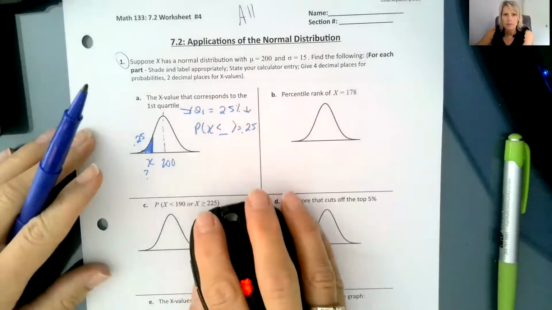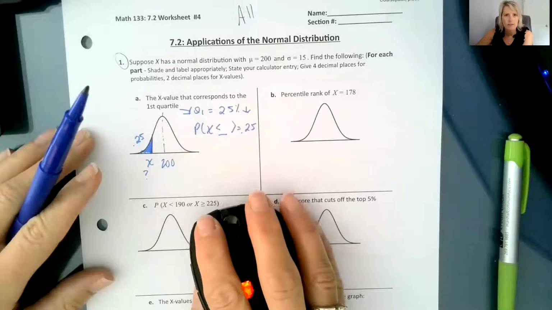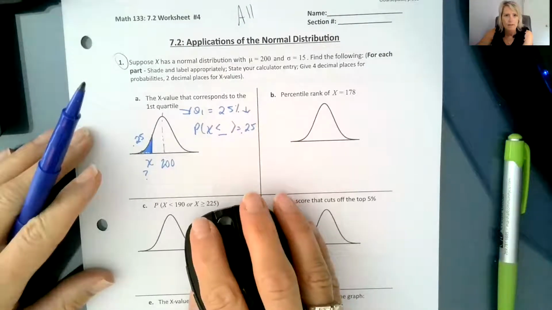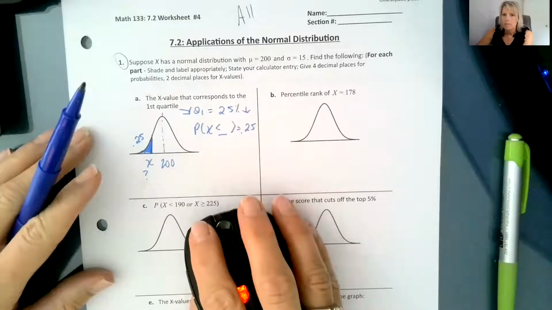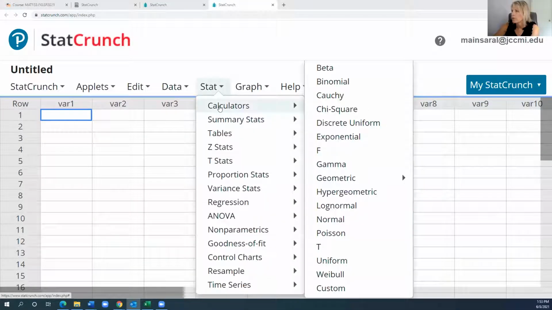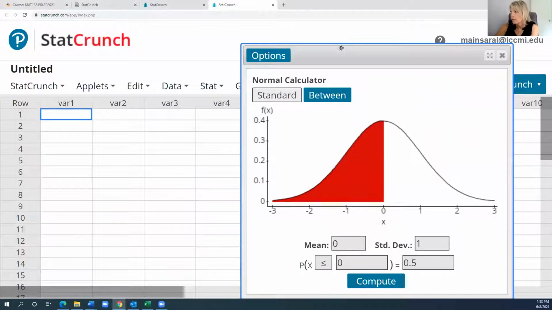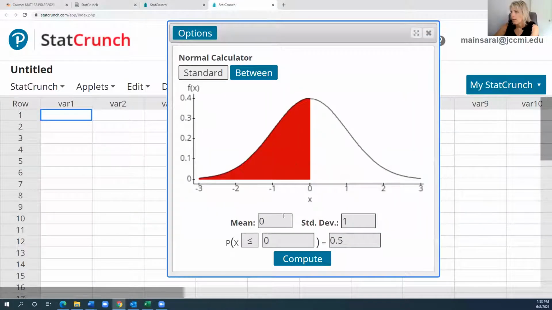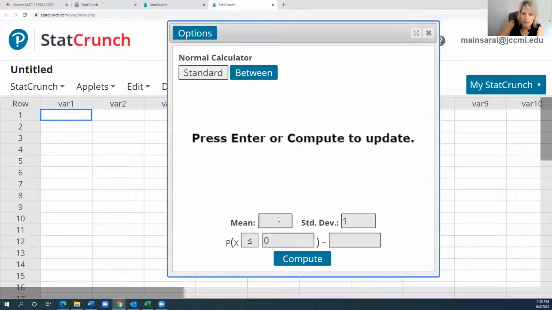So I'm going to share my screen here so you all can see. So in StatCrunch, we're going to go to Stat, and you're going to choose Calculators. And in Chapter 6, we chose Binomial here. But today, we're going to go to Calculators, and we're going to go down and choose the normal curve. Looks similar. And now our parameter is the mean of 200, and our standard deviation for this situation is 15.